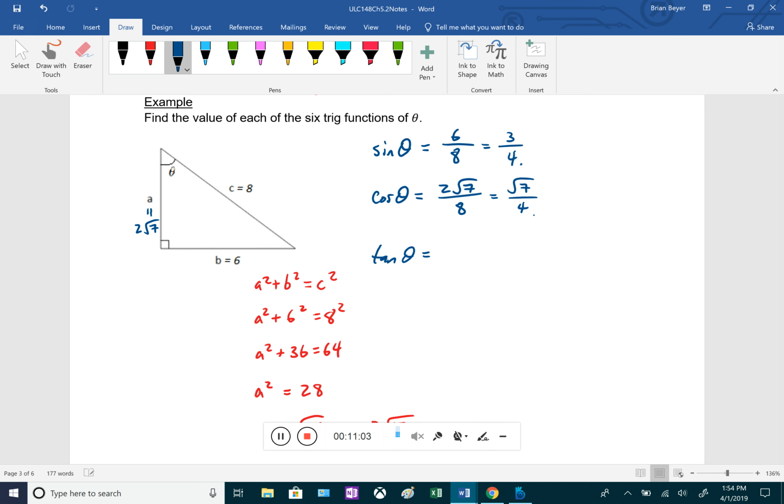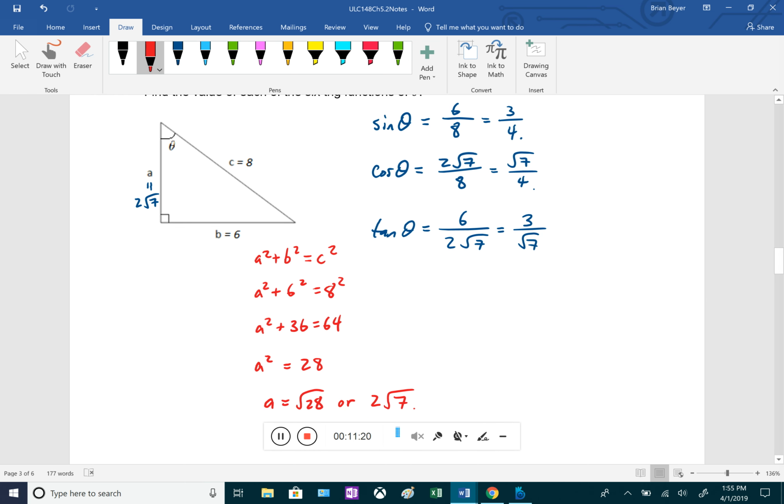Tangent of theta is going to equal opposite over adjacent, which is 6 over 2 radical 7, which is going to be 3 over radical 7 after we simplify it. So we have to remember how to rationalize denominators.